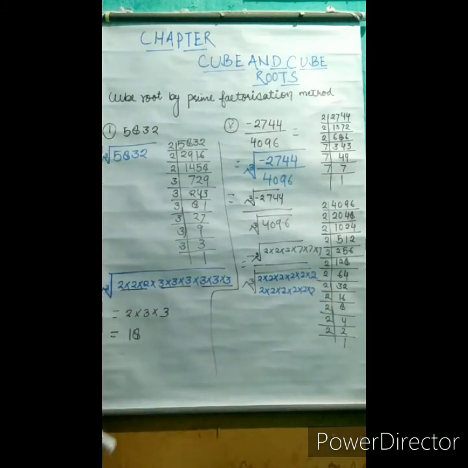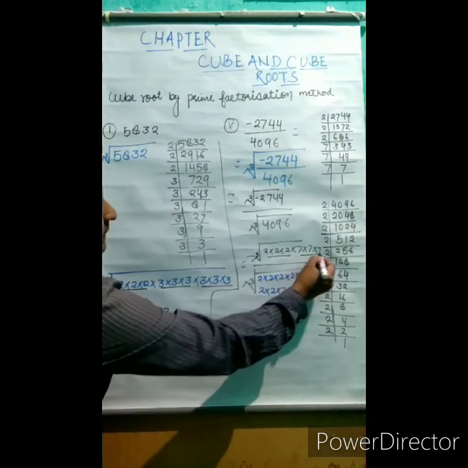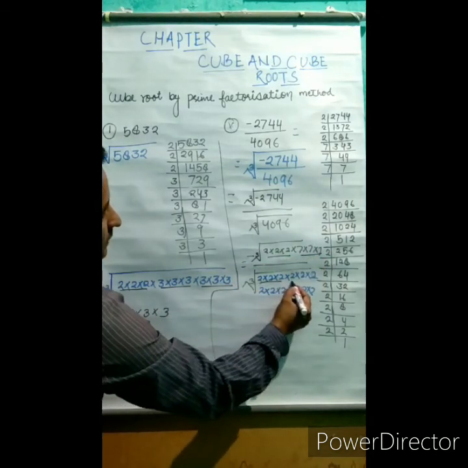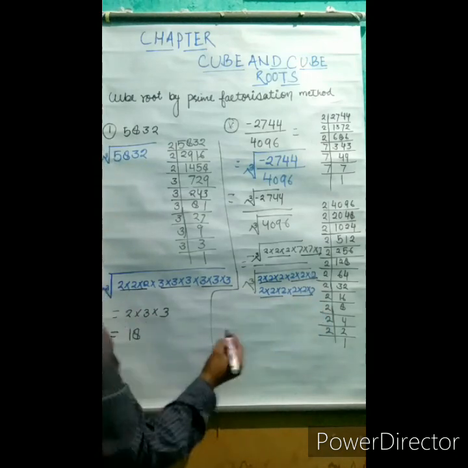So these are 12. Here we will make groups of 3 in the numerator and denominator, and take one from each group outside.